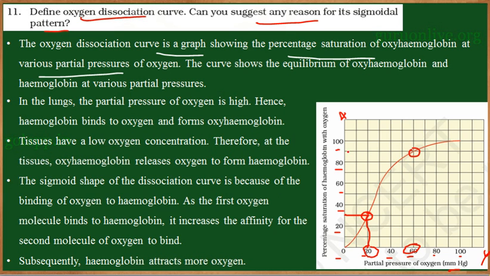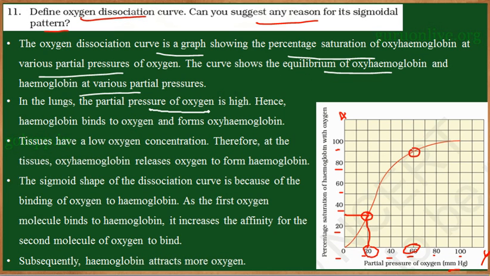At 60, around 90% of hemoglobin gets saturated with oxygen. So if you observe this pattern, as the partial pressure of oxygen increases, the percentage of hemoglobin becoming saturated with oxygen also increases. So this curve is called the oxygen dissociation curve, and here the curve shows an equilibrium of oxyhemoglobin and hemoglobin at various partial pressures.